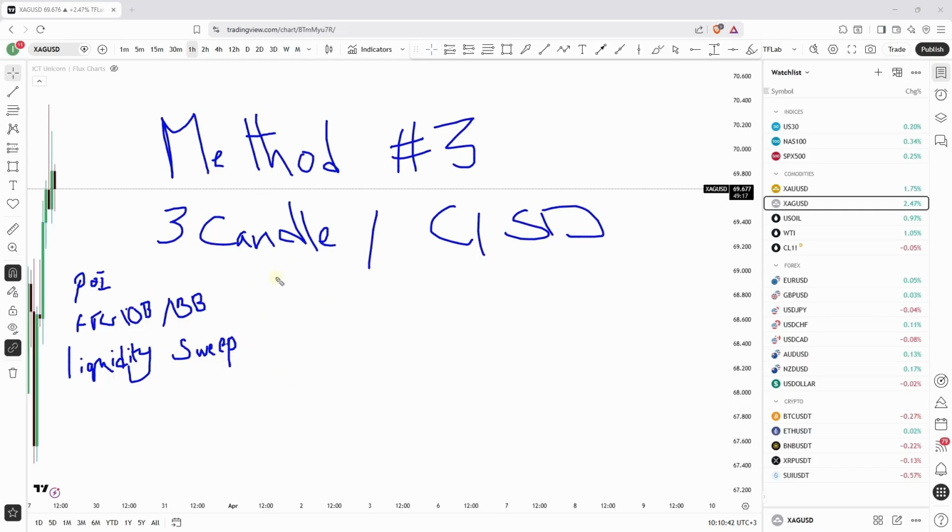After that, we might see such candles, or in cases where we have SMT in pairs and indices that are correlated with each other, and based on those we can analyze a condition. For example, EUR USD with GBP USD.